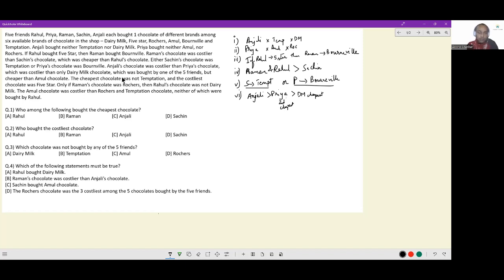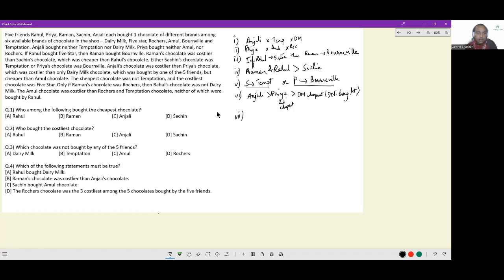Dairy Milk was bought by one of the friends, but was cheaper than Amul chocolate. Given that Dairy Milk is the cheapest, it is definitely cheaper than the Amul chocolate. That is not a problem, but it was definitely bought. Remember, there were 6 chocolates and 5 friends, so one of the chocolates does get skipped over.